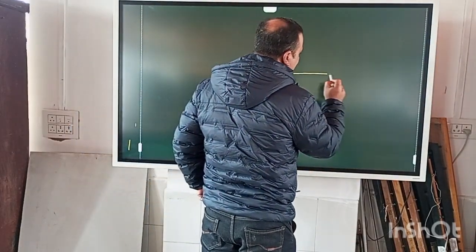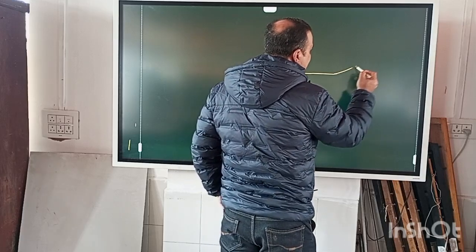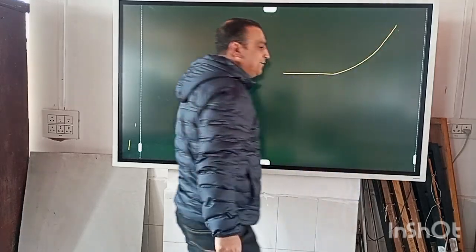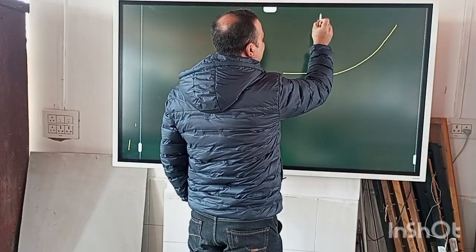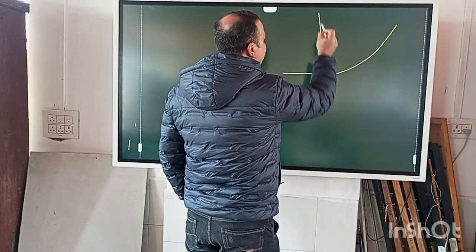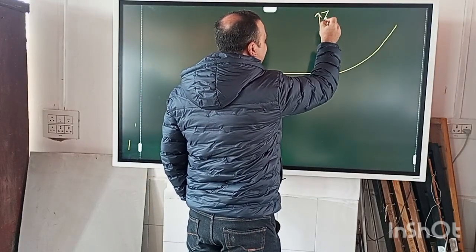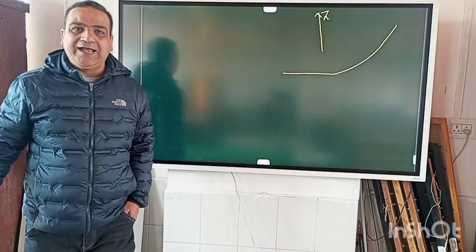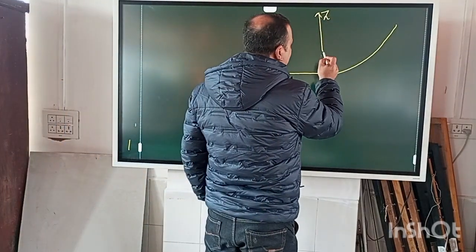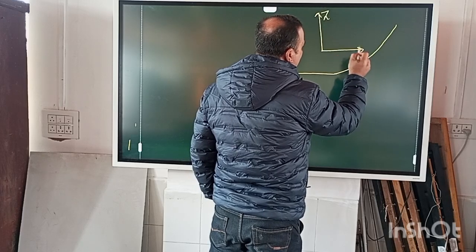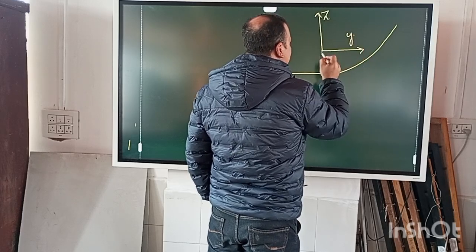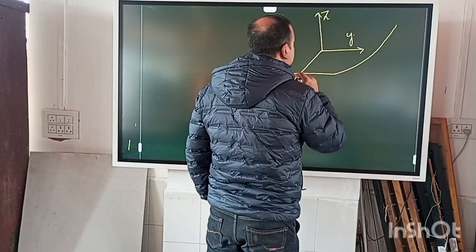Now, what's my problem? I have a silver atom, and this silver atom experiences a deflection. Suppose this is my z direction, in which I'm applying the magnetic field, and let's assume that these silver atoms are moving along y, and this is x.